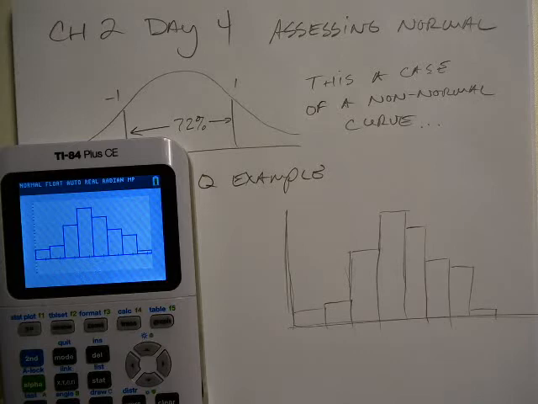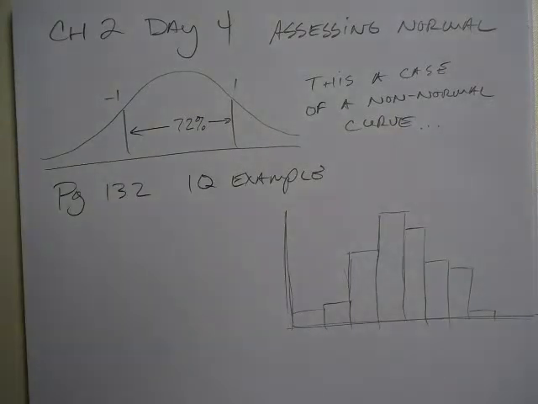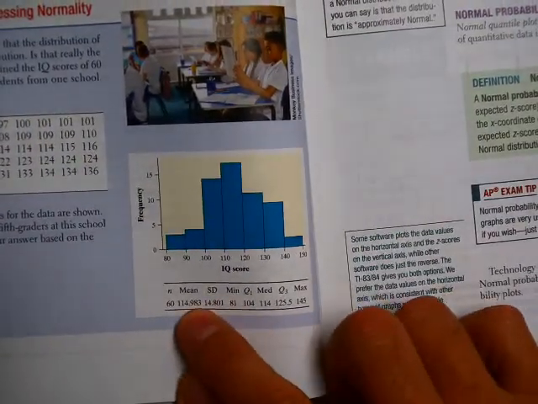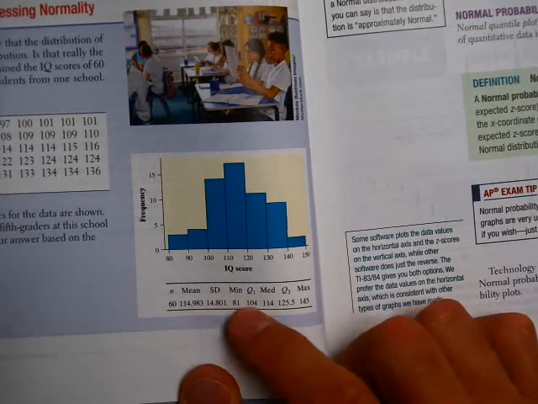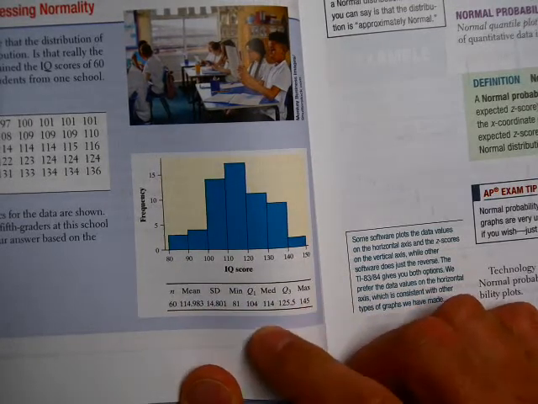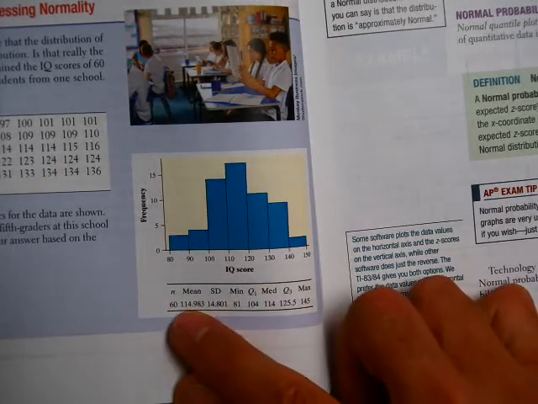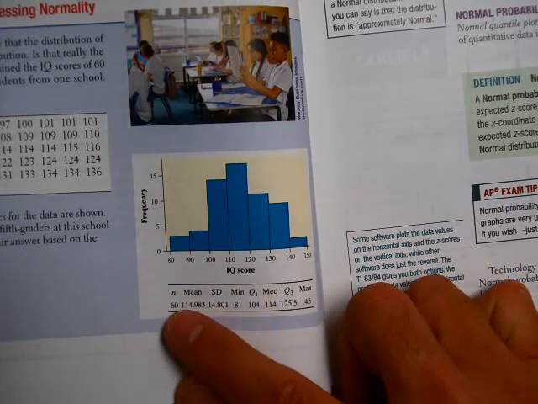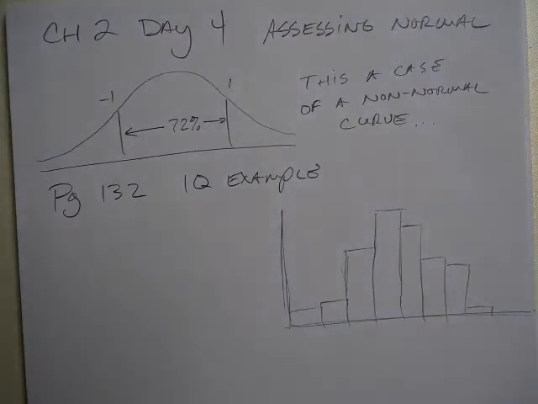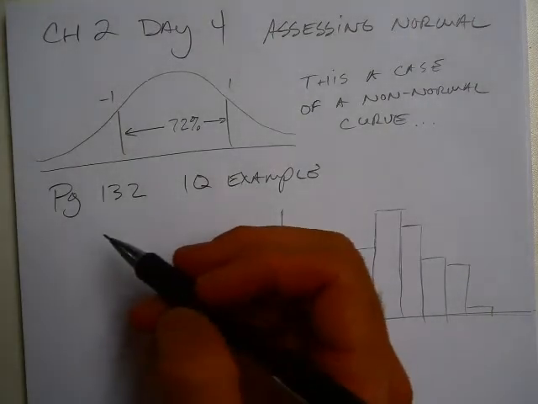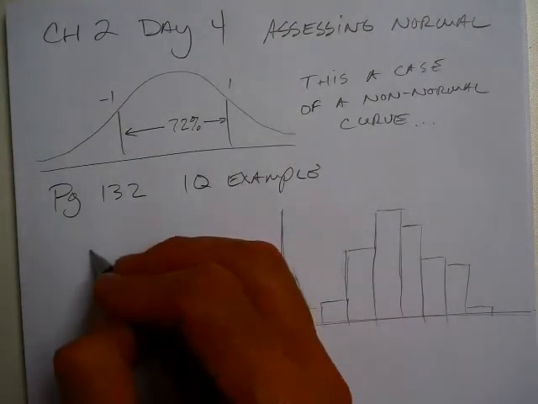In the book itself, they actually give us all of the stuff that we would need from one-var stats: your n, your mean, your standard deviation. Your median and your mean are very close to one another, so that's a good indication that we're heading in the right direction. I'm going to write those numbers down here.